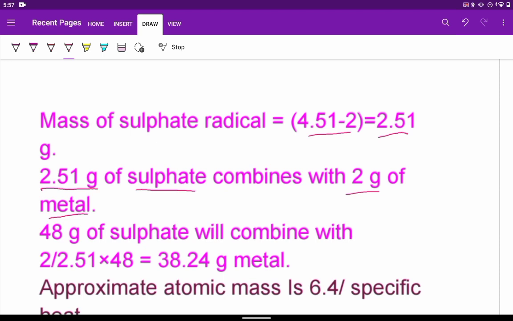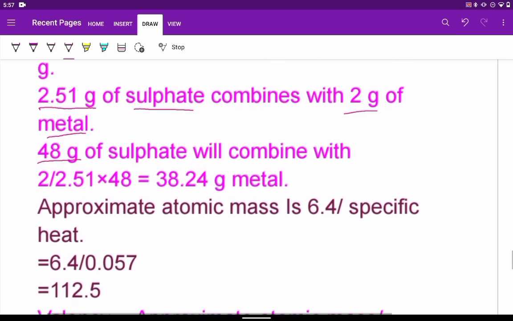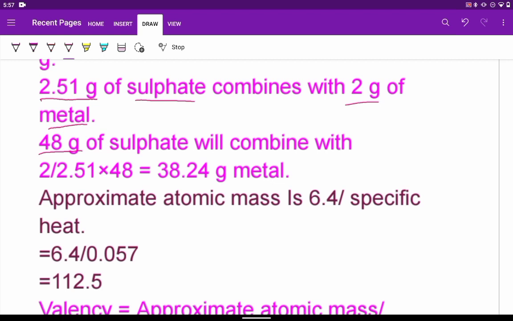So for 48 grams of sulfate, what will be the value? 48 grams of sulfate should combine with 2 by 2.51 into 48, which comes out to be 38.24 grams of the metal. So 48 grams of the sulfate should combine with 38.24 grams of the metal.